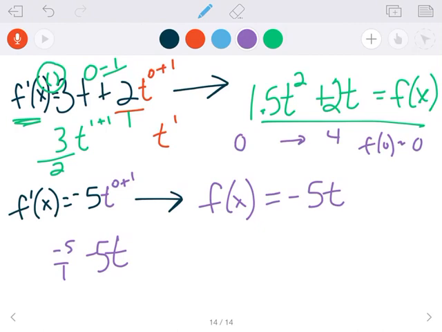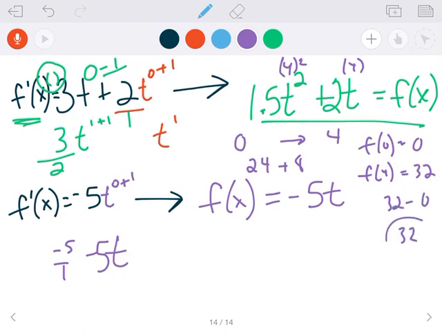And then we're going to plug in 4. 4 squared is 16. 1.5 times 16 is 24. And then 2 times 4 is 8. So we get 32. And then we're going to find the difference between those. So 32 minus 0 is 32.